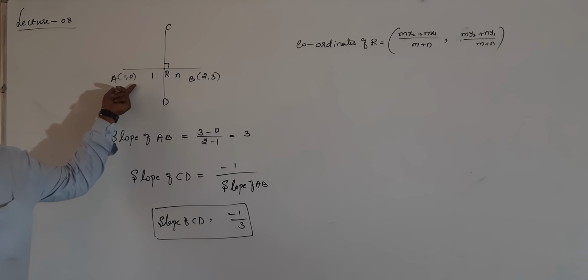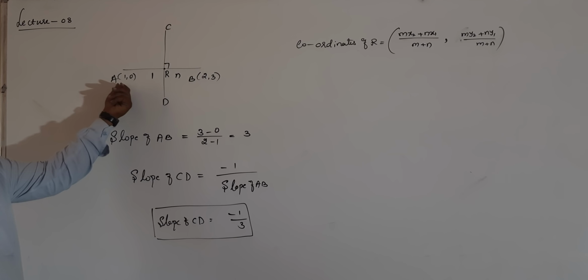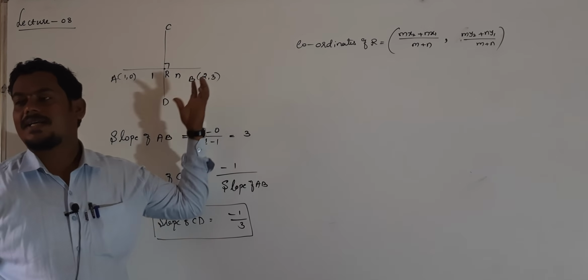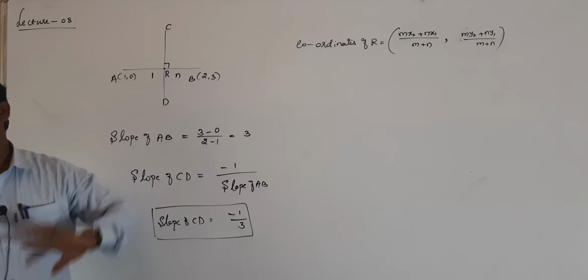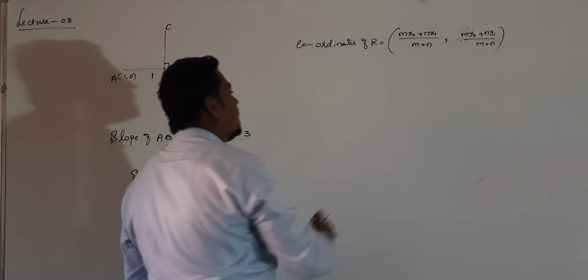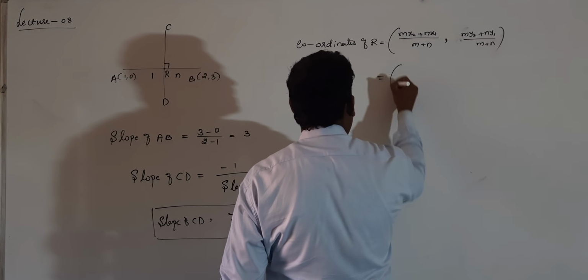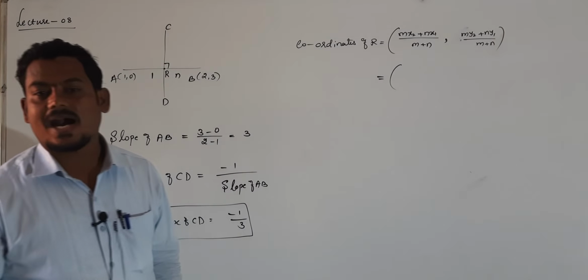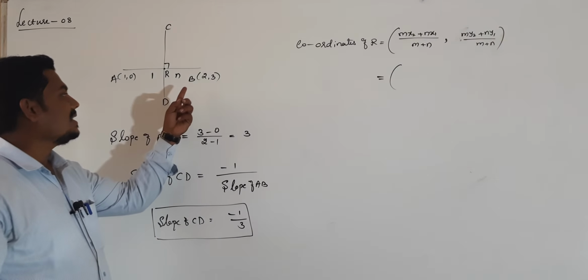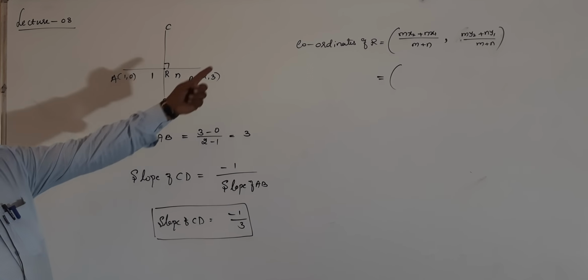This point A coordinates is taken as (x1, y1) and B coordinates is taken as (x2, y2). Then what are the coordinates of R by using this formula?